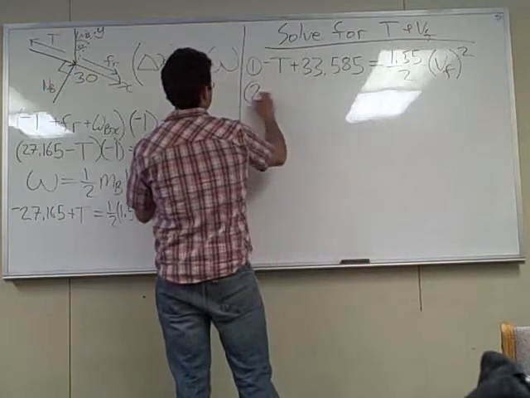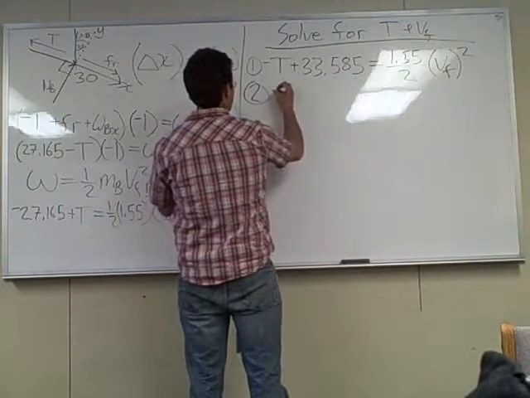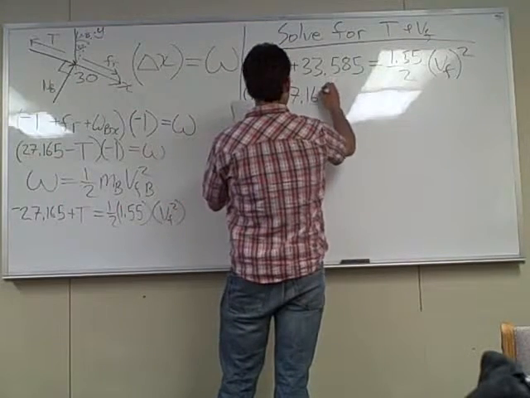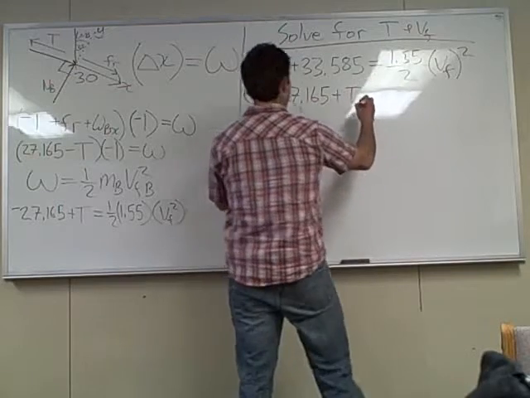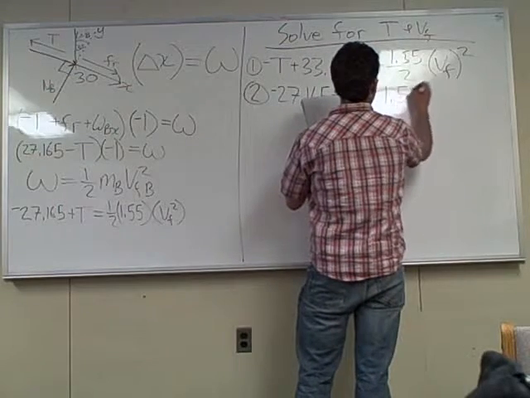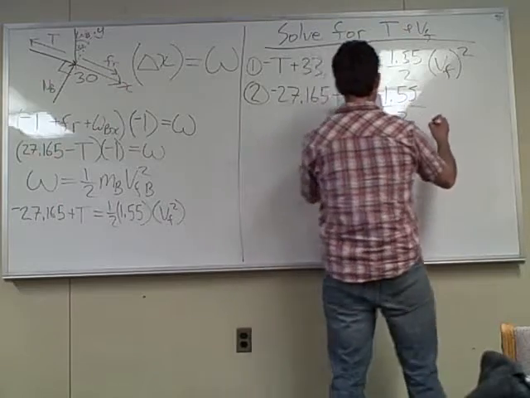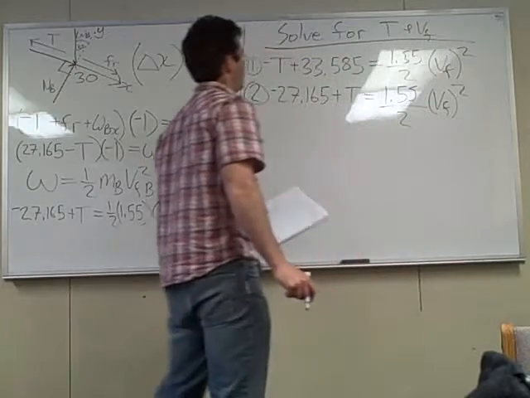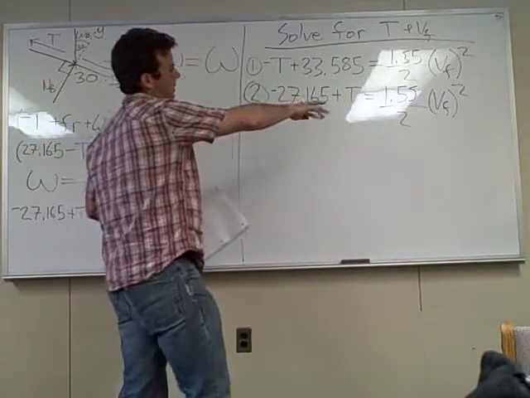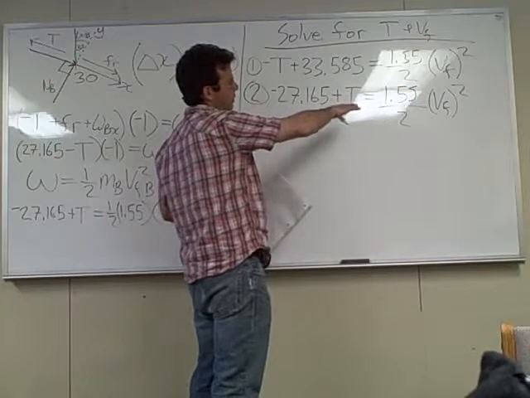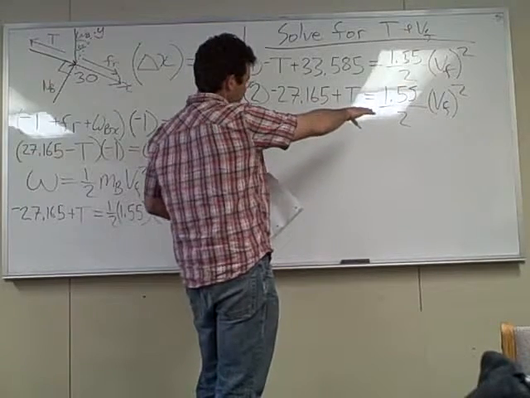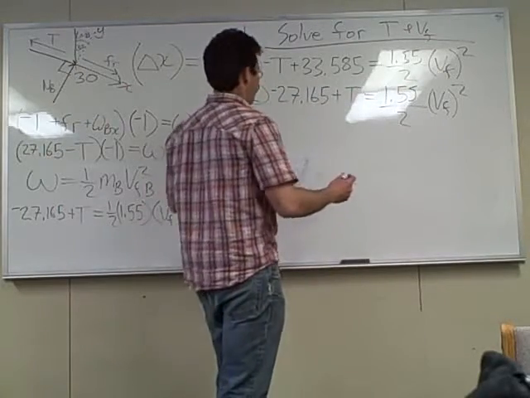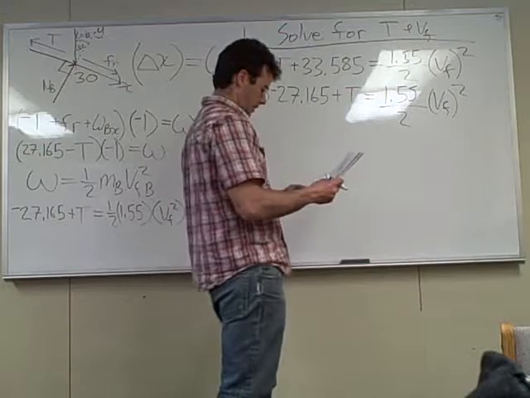And in my second equation, I have negative 27.165 plus tension equals 1.55 divided by 2 times velocity squared. So I'd most likely solve one of these for velocity squared, and then substitute that in and solve for T first. But you can go through it any way that you like.